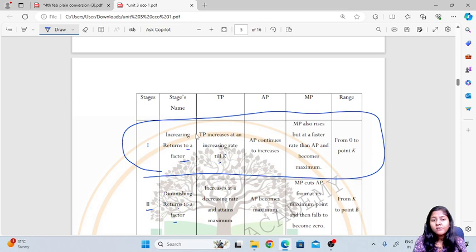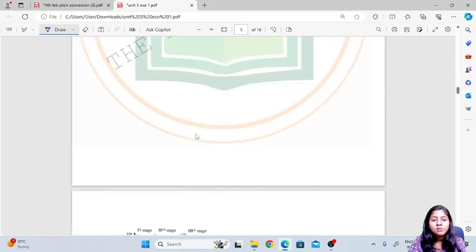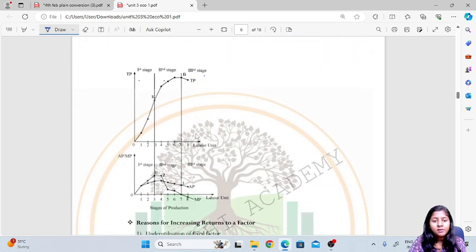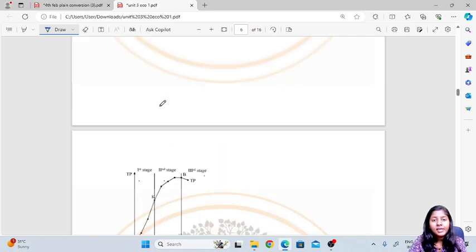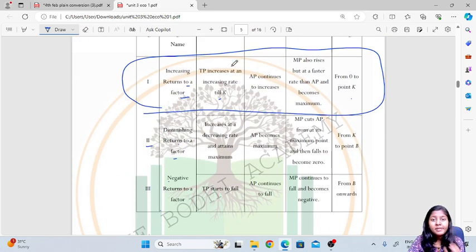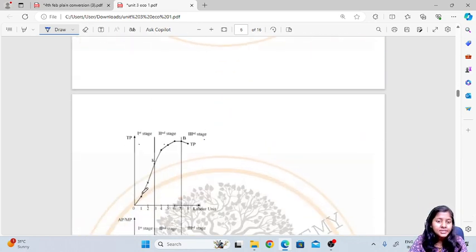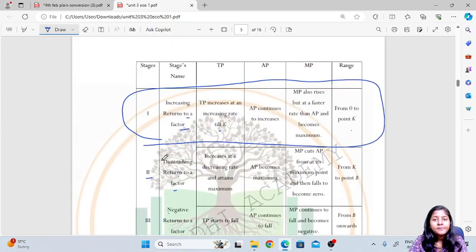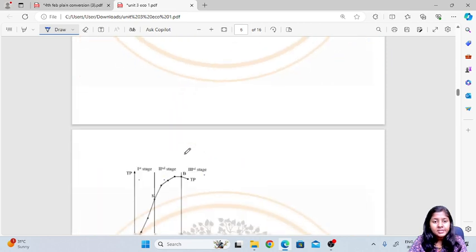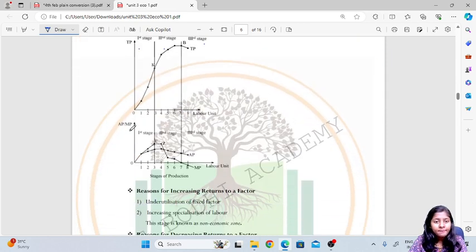The range of this increasing returns to a factor is from 0 to point K. So in stage 1, with regards to TP, it increases at an increasing rate till K. If you can see AP and MP over here, they also continue increasing in the first stage.